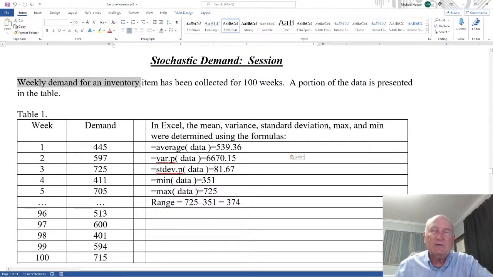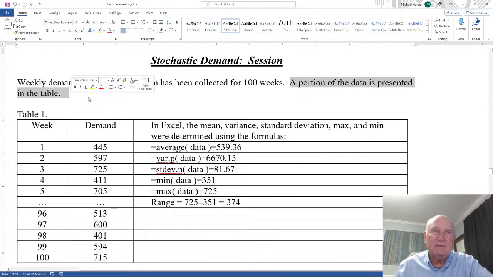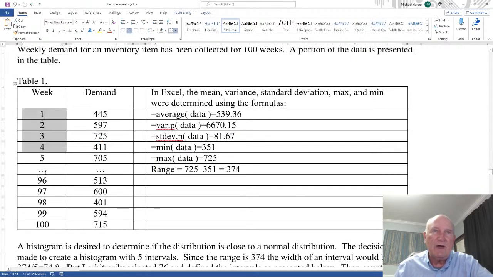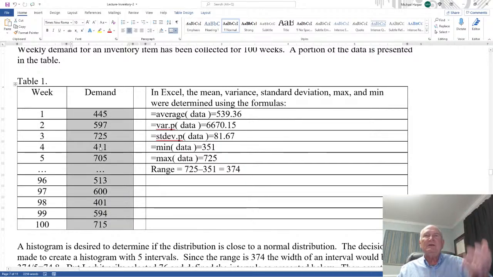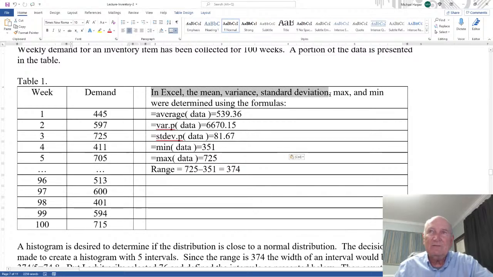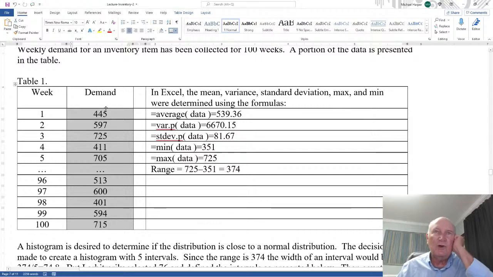The weekly demand for an inventory item has been collected for over 100 weeks. Now I picked 100 weeks because it's just convenient. A portion of the data is presented in the table. Here's table 1. So week 1 through 5, 96 through 100, there's our demand. And so I keep measuring. And so suppose you had all of the data. That's nice. If you did, in Excel, the mean, variance, standard deviation, max, min were determined using these formulas. And I give you the formulas. Equals the average, and the data here, you just include all the data.